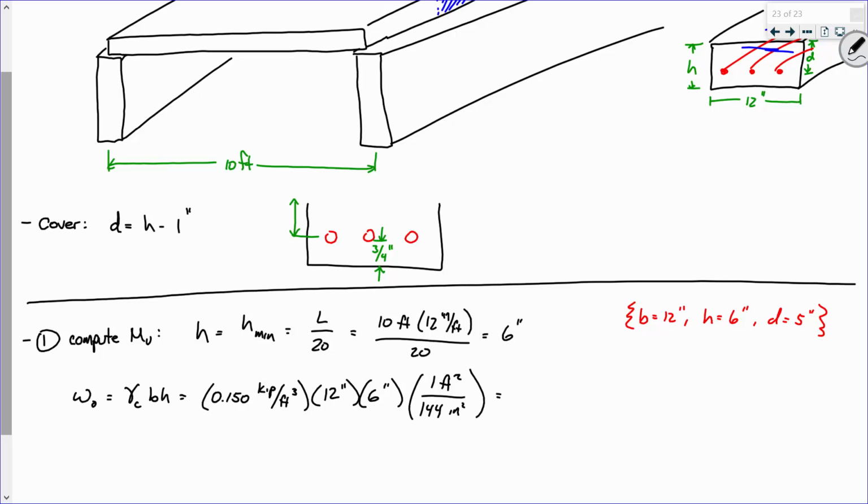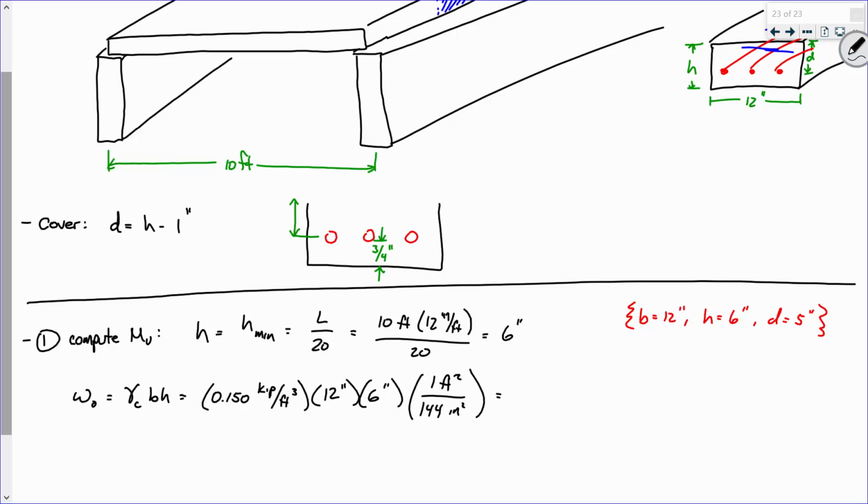Yes, for the slab. What other dimension did you give us? It wouldn't matter for the slab, it would matter for the beam. That's the span length for the beam. If I gave you that dimension, you'd throw it away.